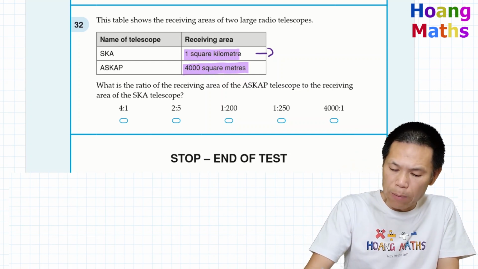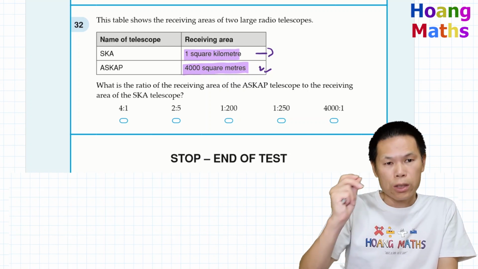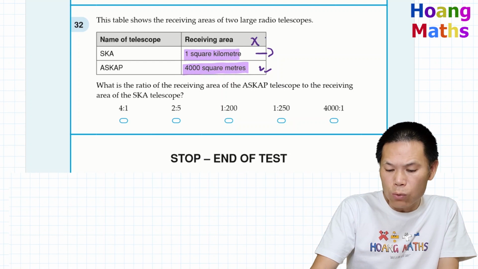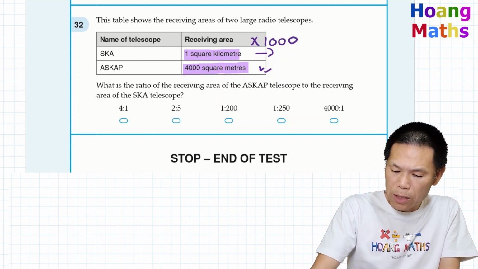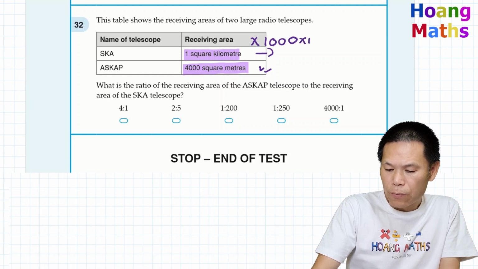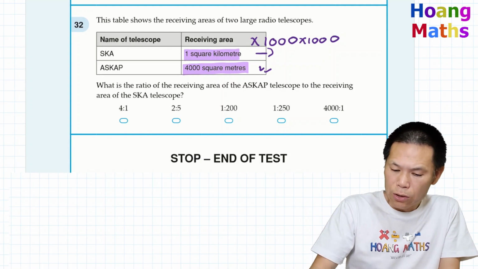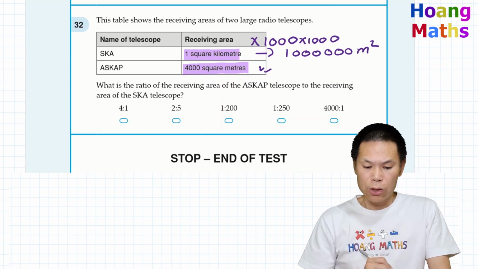From kilometers to meters, we times 1,000, but because of the square, we times another 1,000. That means 1 times a million. So the answer is 1 million square meters.